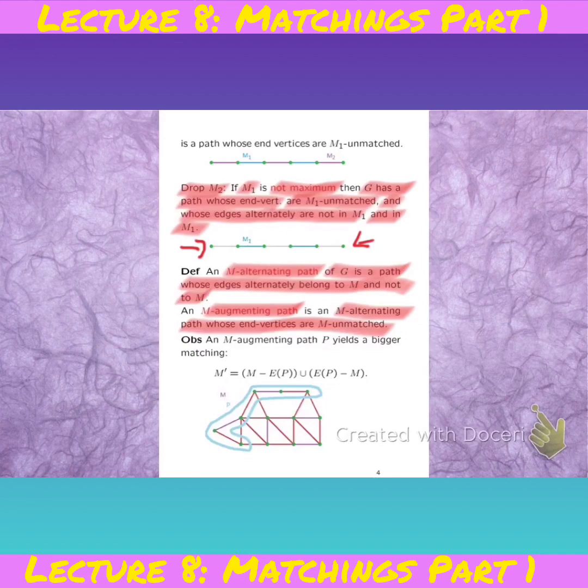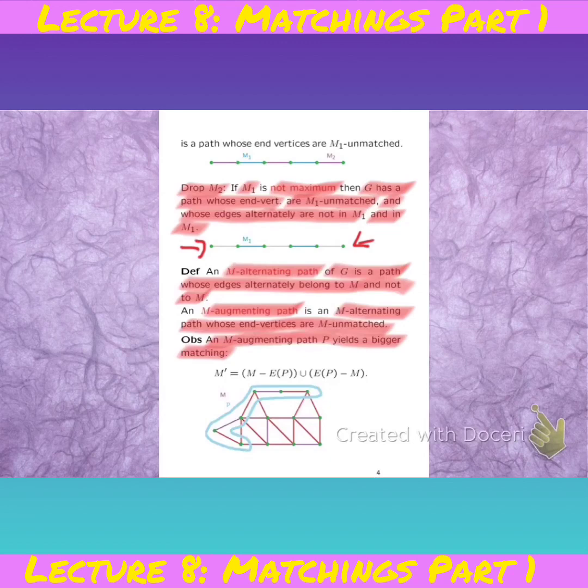Now, a quick observation. An M augmenting path P yields a bigger matching, so let's construct the following matching. We'll go back to our previous example and construct a new matching.